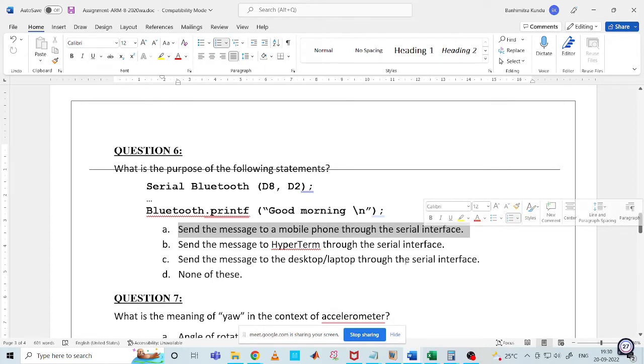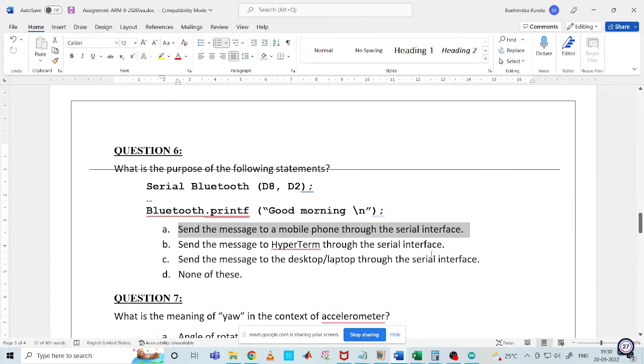What is missing? Through the serial interface Bluetooth module. If that had been added, it would be correct. So it's none of these.